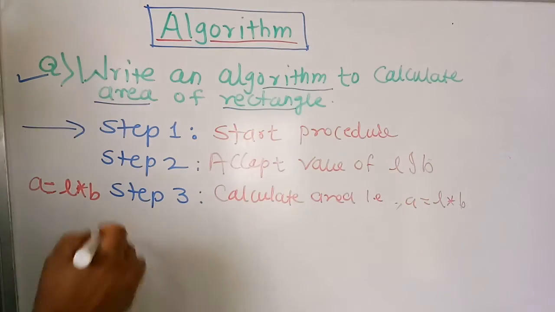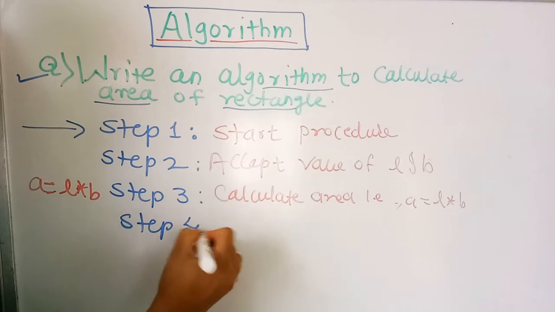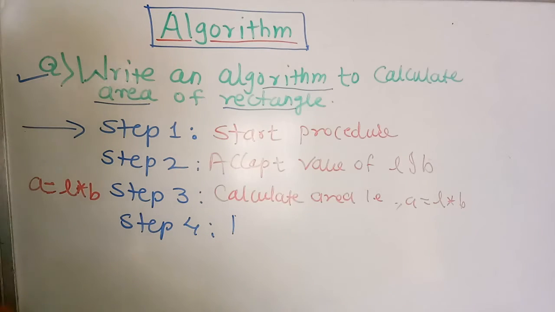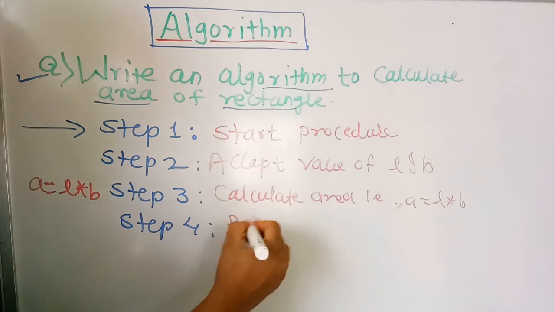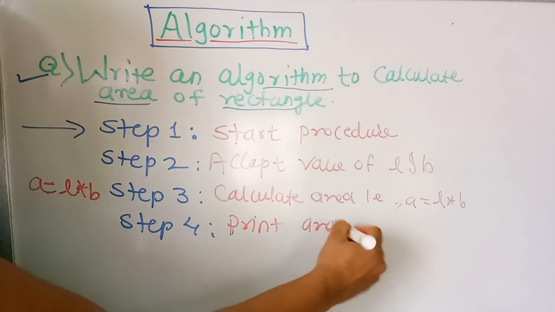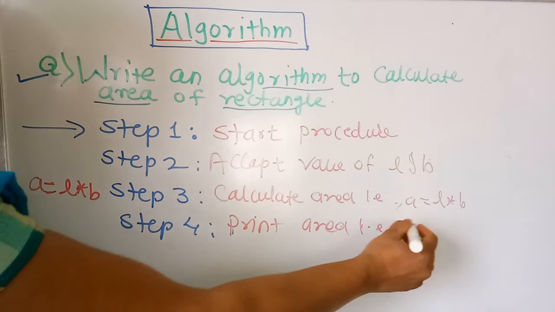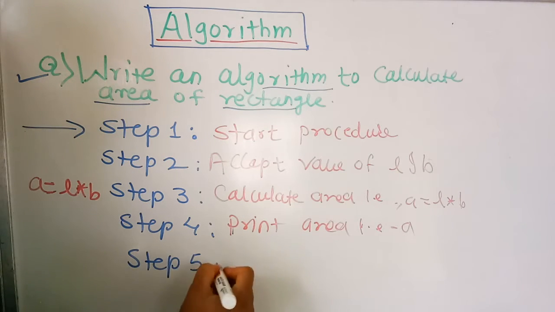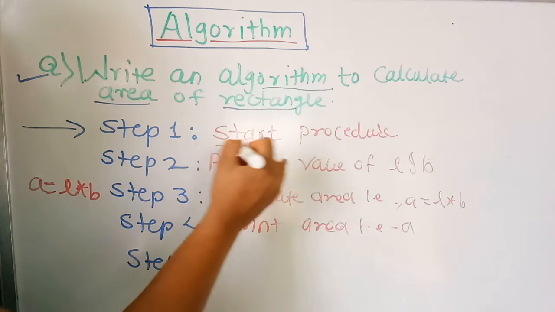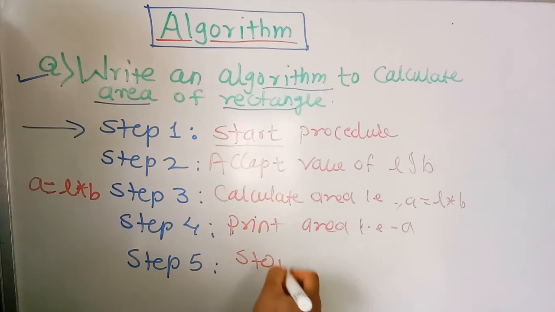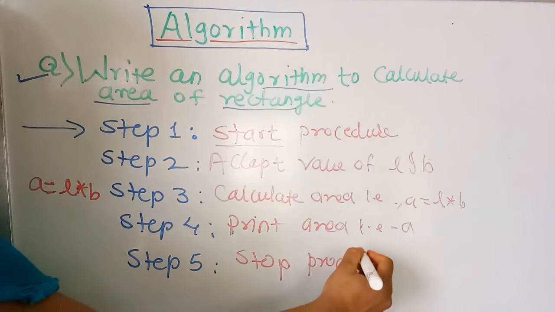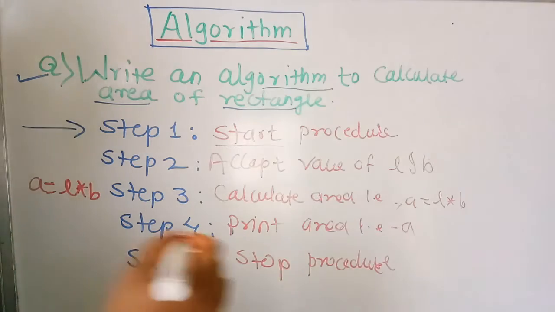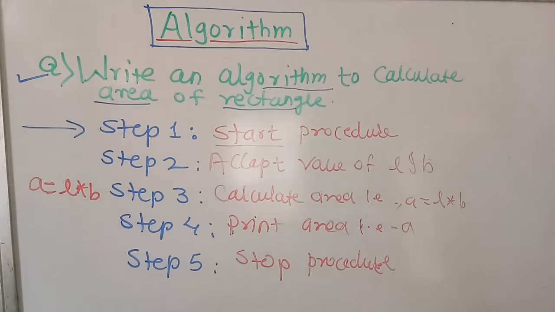The next step is to display this area, so we will write print area, so that A. And the last is the last procedure: as we had started the procedure, we have to stop the procedure.